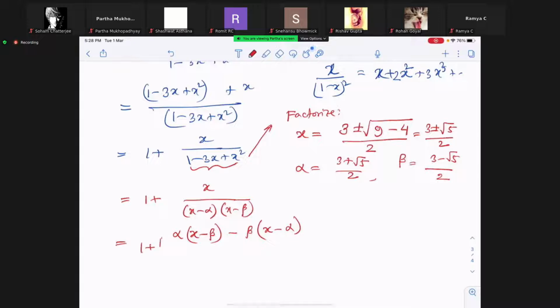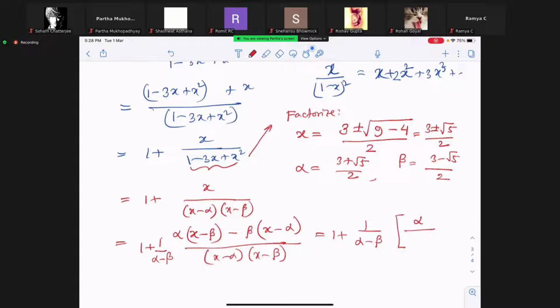So I should divide it by 1 minus. So this is alpha by x minus alpha minus beta by x minus beta.